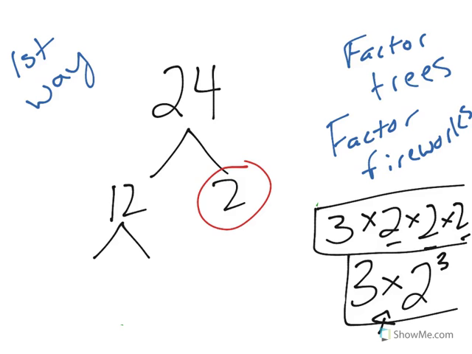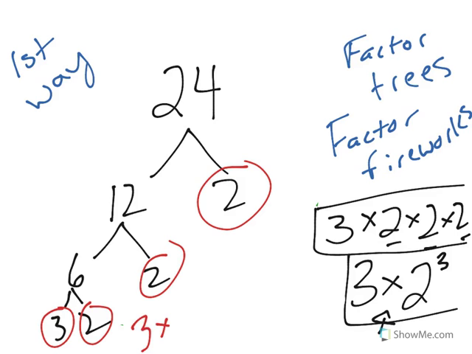I could do, let's say, 6 and 2. There's another prime number, 2. I could break that 6 down into 3 times 2, and then we're down to all prime numbers. So I would get 3 times 2 times 2 times 2, which is exactly what we got over there. So it really doesn't matter what numbers you pick.